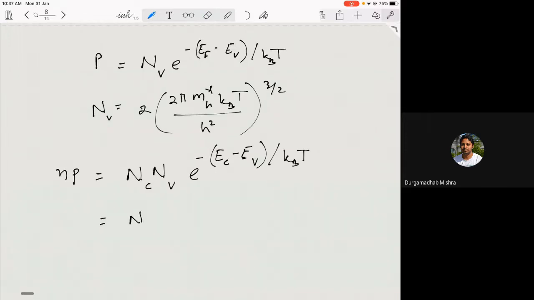And what is that? NC NV exponential minus Eg by kBT.